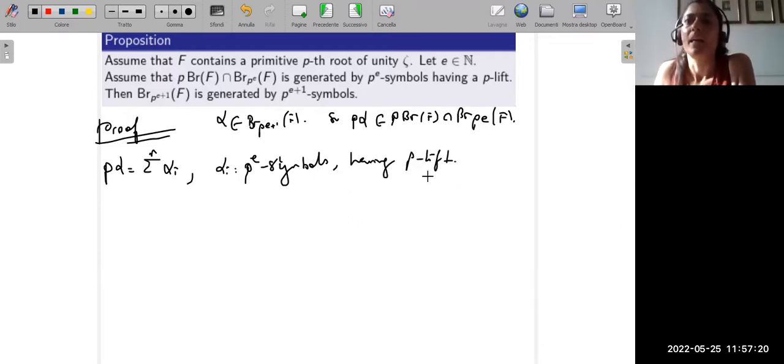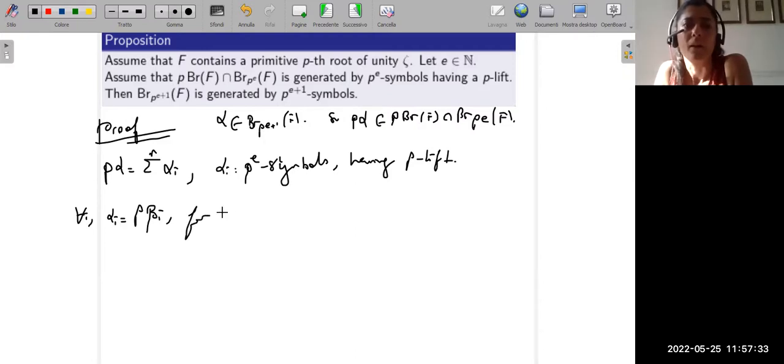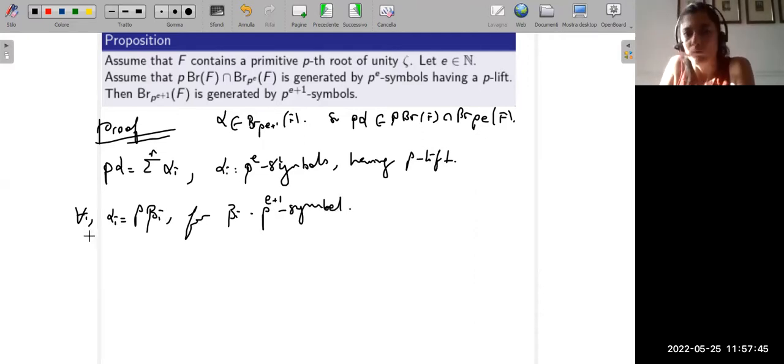This means, by item 2 of the corollary, that each of these alpha i's is given simply as p times beta i, for beta i's that are p to the power e plus 1 symbols, right? Now we just make a computation.